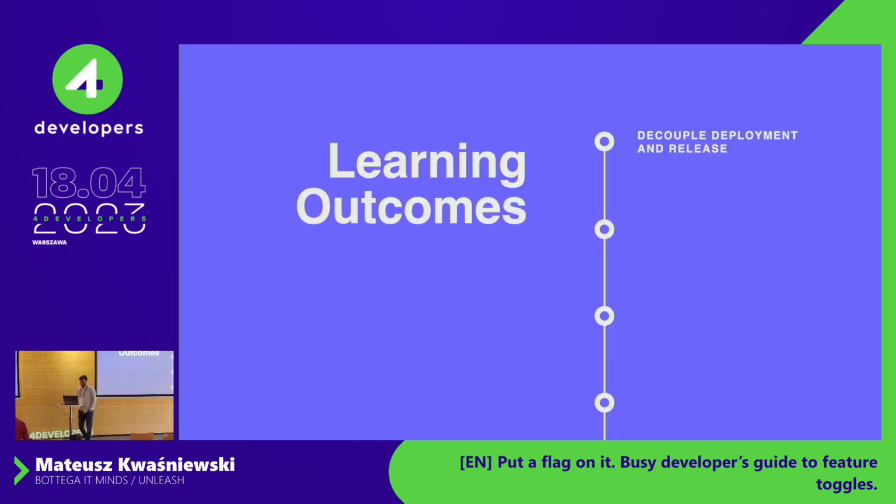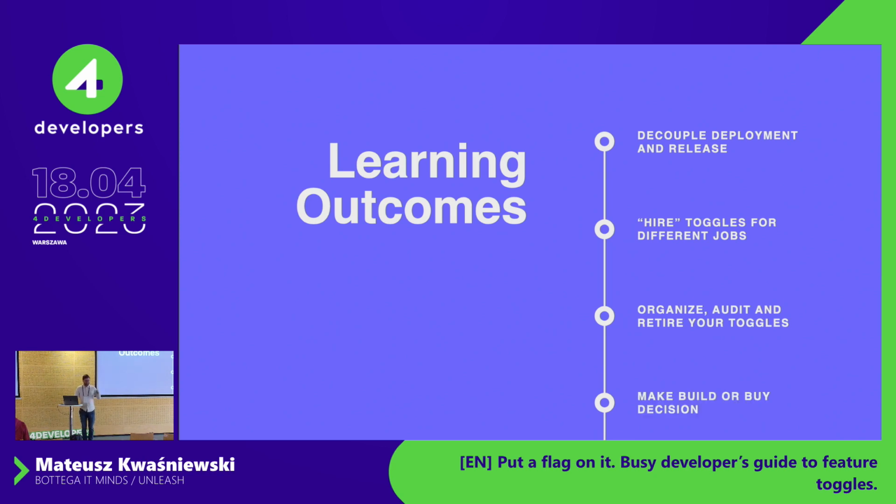So let's summarize. What have we learned today? First and foremost, decouple boring from exciting. Okay, deployment, boring, release, exciting. Explore different jobs that you can hire your feature toggles for. And we only really scratched the surface here. Clean up after your toggles, just the same way you'd clean up after your dog.